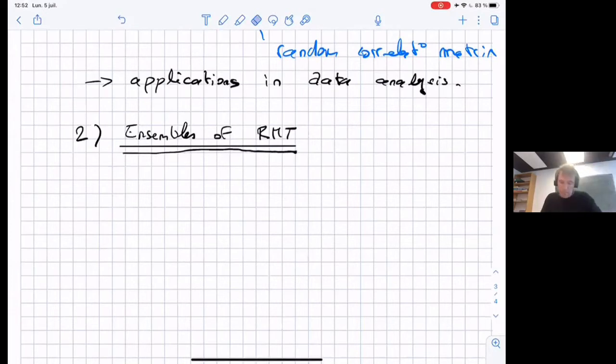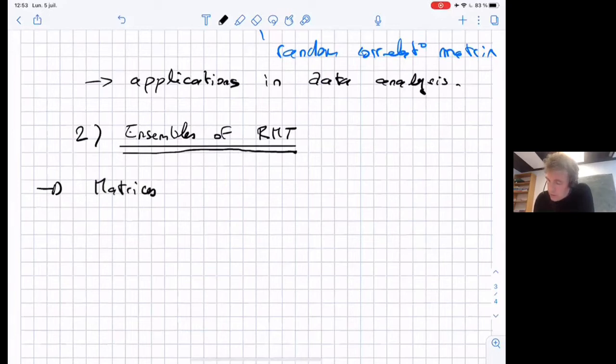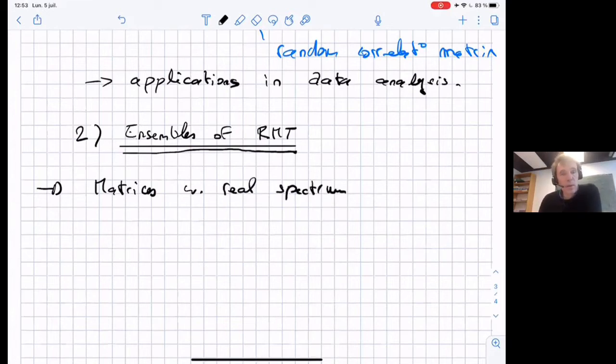Okay, so I will restrict myself somehow by following Wigner, and I will essentially discuss here the case of matrices which have a real spectrum. Again, for Wigner, this was quite natural because he was considering eigenvalues of Hermitian operators, which are of course real, and that means that I will stick to this idea.